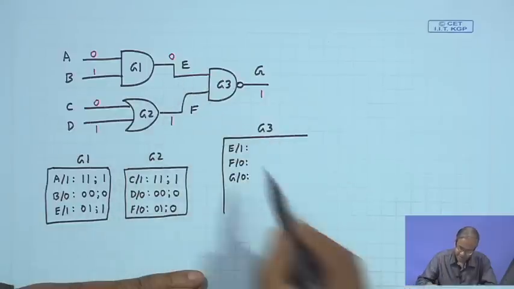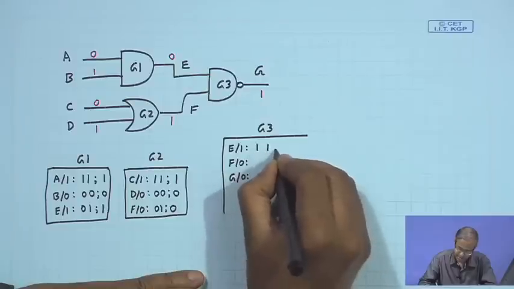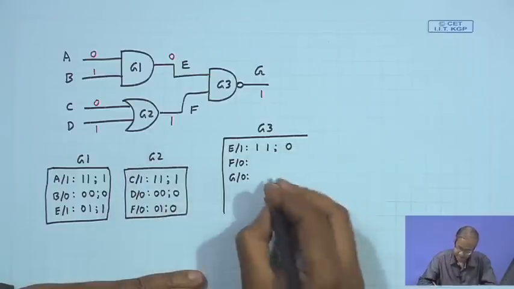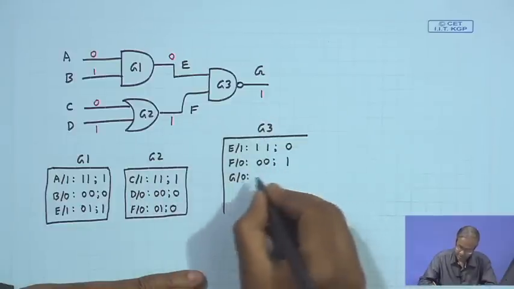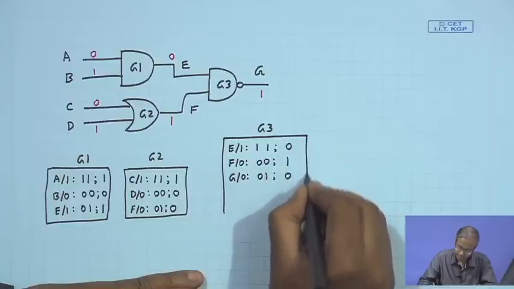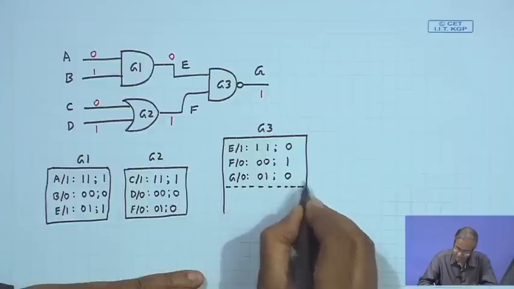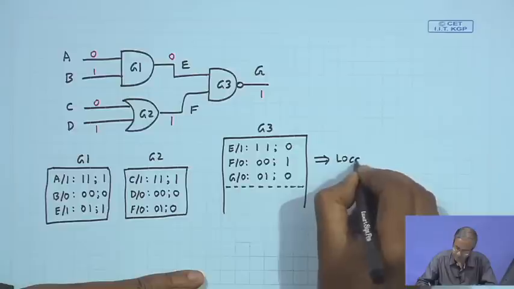So, if you have E stuck at 1, input will be 1 1, NAND gate, output will be 0. F stuck at 0, 0 0, output 1, and this 0 1, output 0. So, I am showing it separately because these are the local faults.